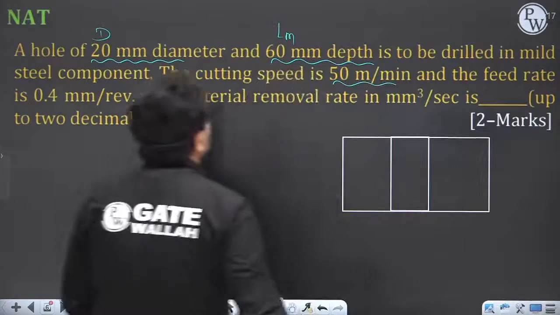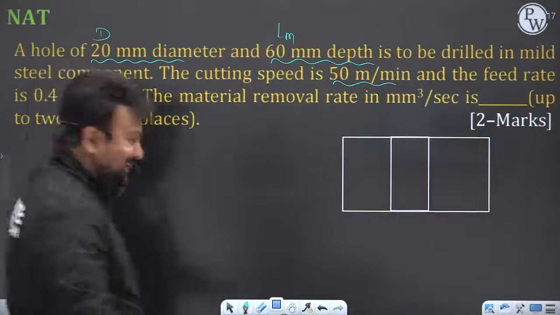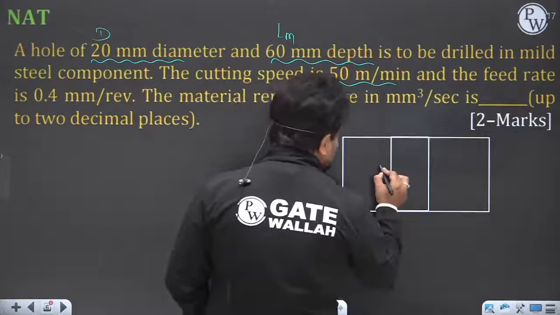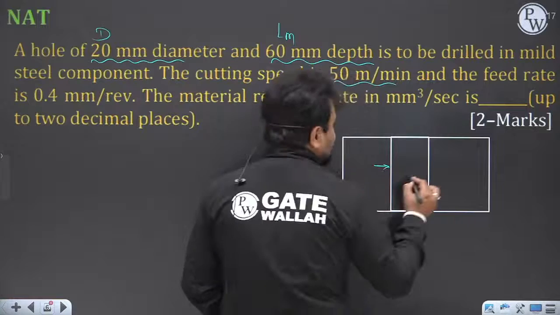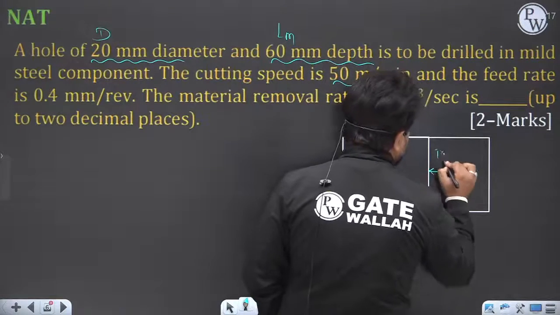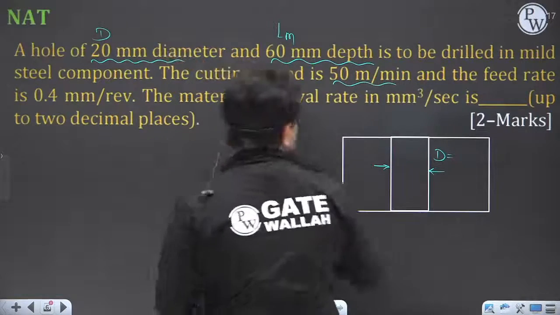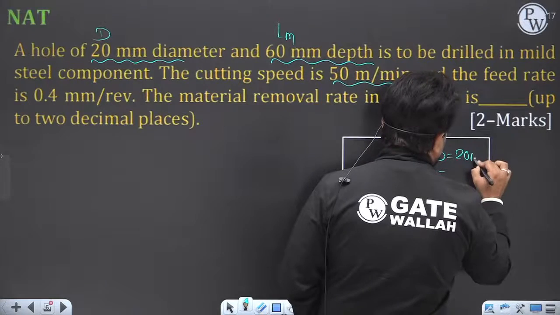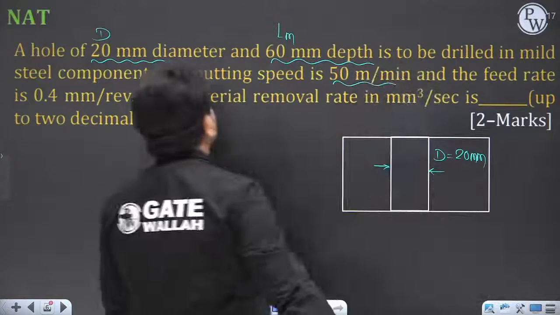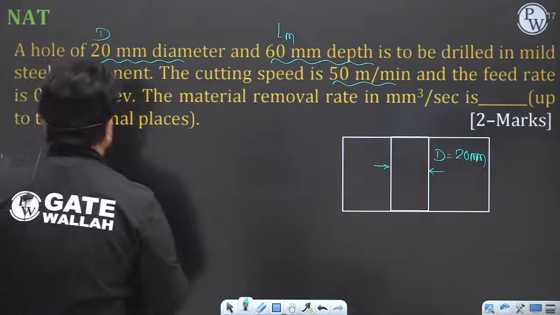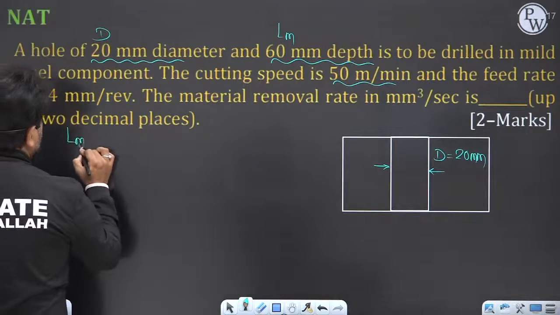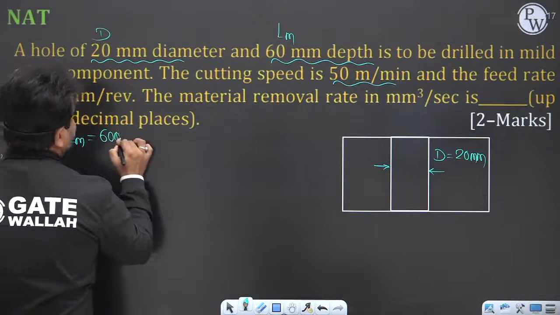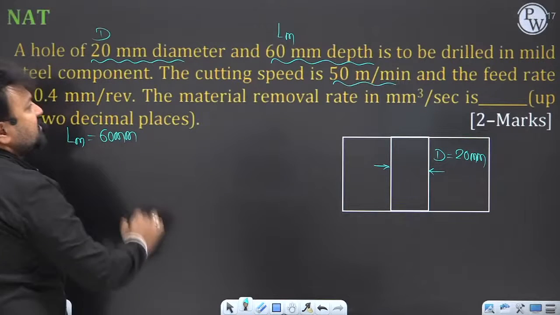Wow. Okay. So the diameter is given. Yes, this is the diameter, my dear student. Diameter is how much? That is 20 mm, right? And machining length is what? 60 mm. LM is 60 mm. This is the machining length.